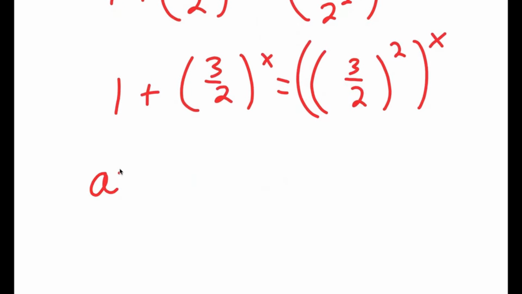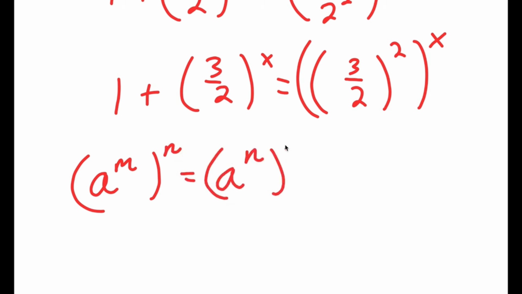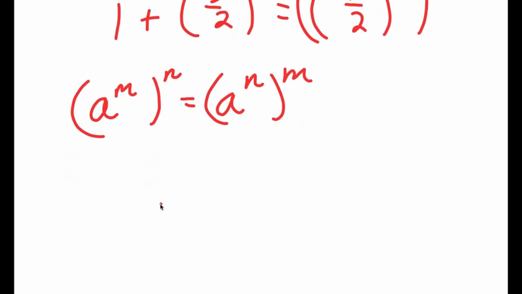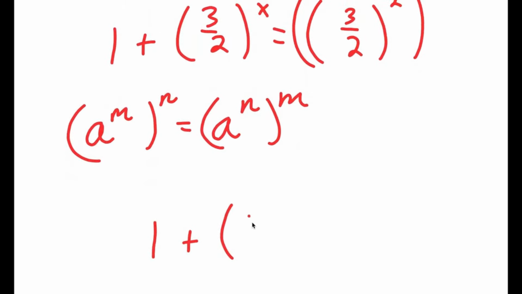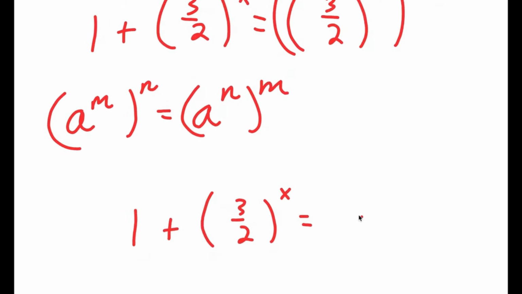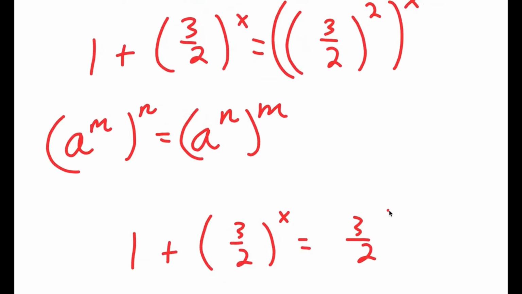And if I have something in the form a to the power of m over a to the power of n, this is the same thing as a to the power of n to the power of m. So this can equal 1 plus 3 over 2 to the power of x, which is equal to 3 over 2 to the power of x to the power of 2.